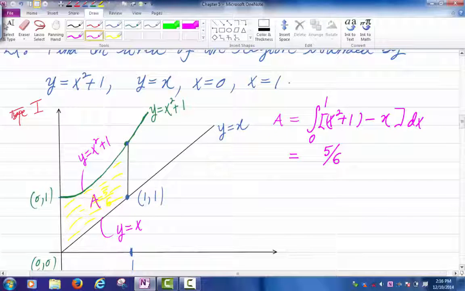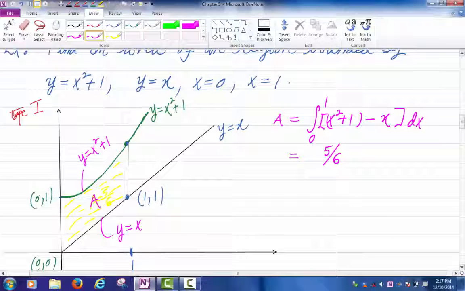I wrote it there so that you cannot see it, but I will remember the answer, right? Okay, the answer is 5/6, right by A.